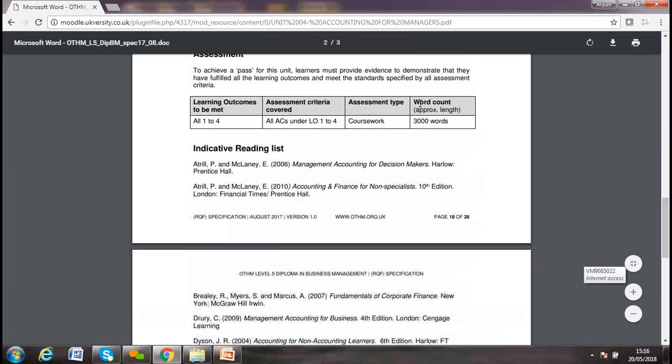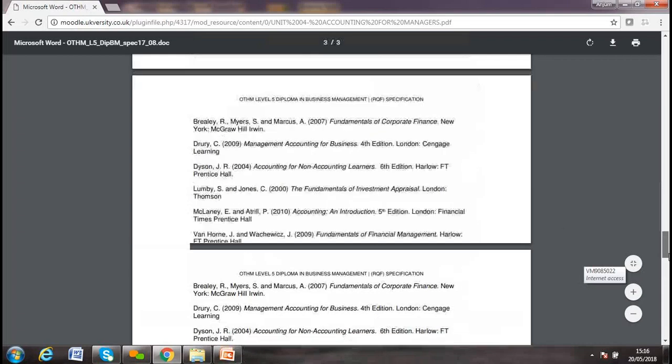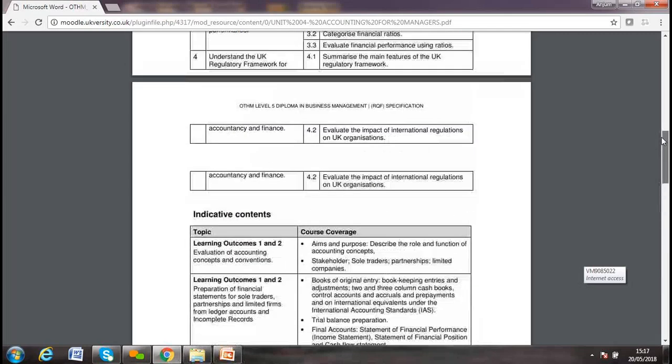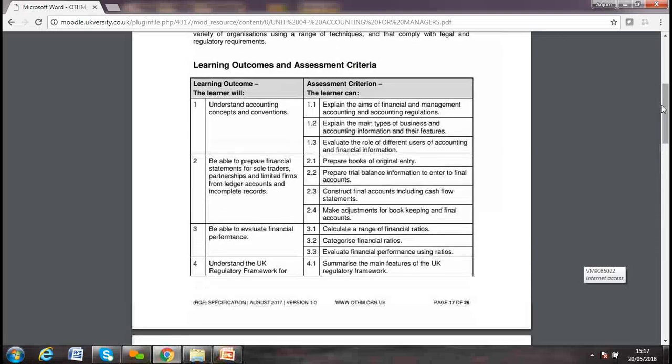It's a 3,000 word assignment. All these are relevant resources for fundamental corporate finance, or you can use management accounting for businesses. These are recommended books, recommended by OTHM, our awarding body.